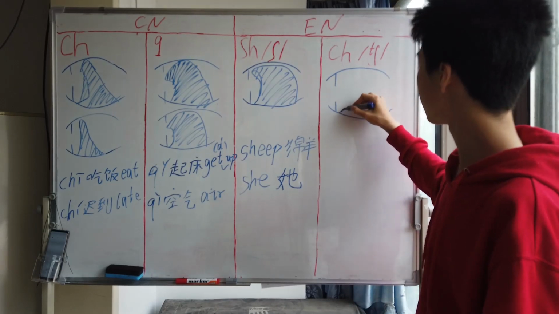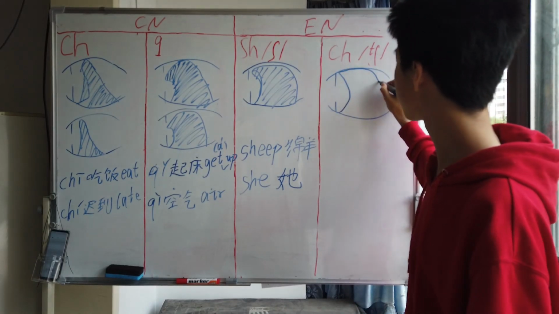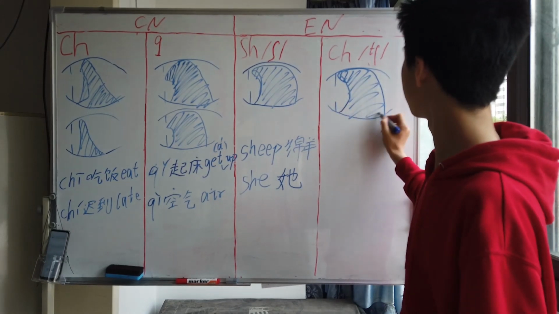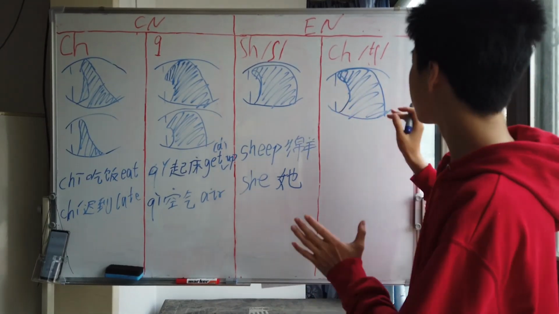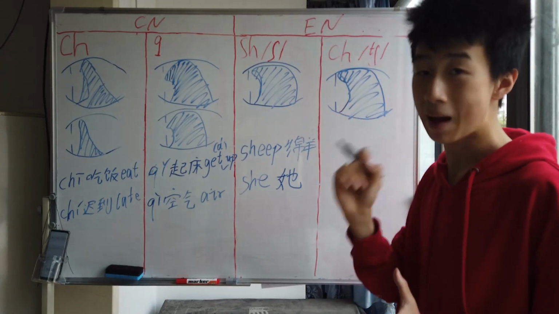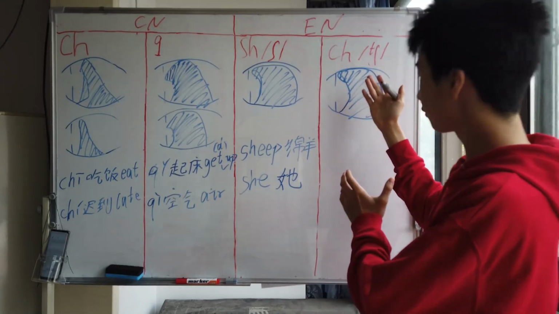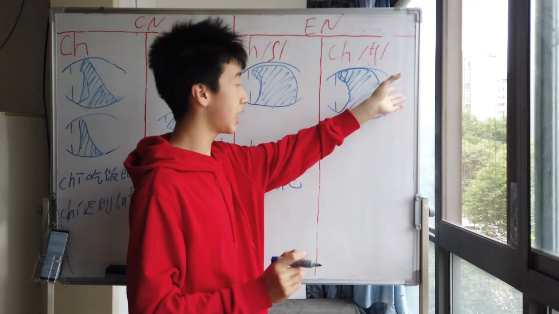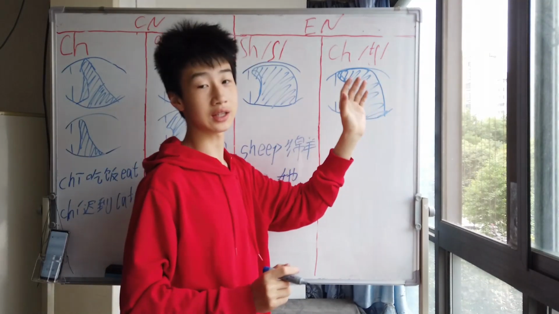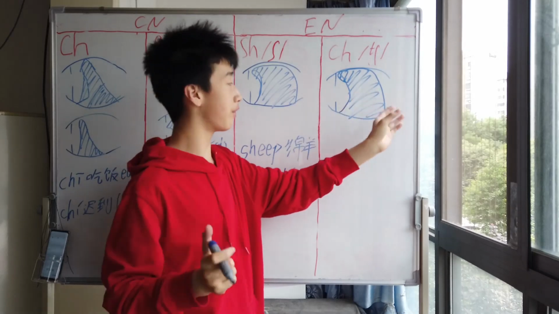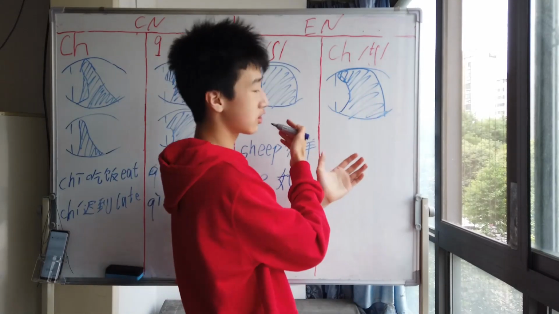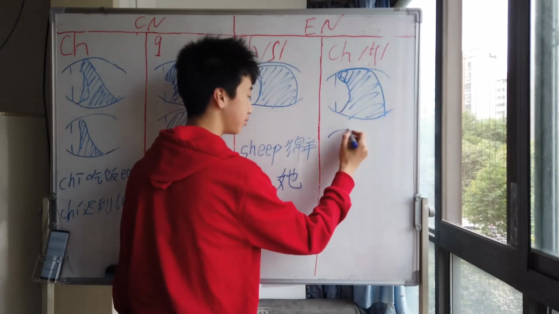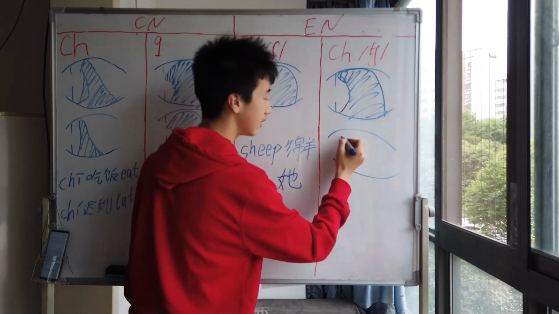So the first phase of the ch sound in English is sort of like this. It's still a surface that is touching the palate, and after touching the palate, it immediately drops down as the gap of air, the flow of air just rushes through and then breaks through, forming a gap between the palate and the tongue.